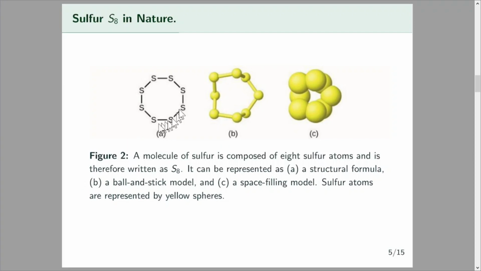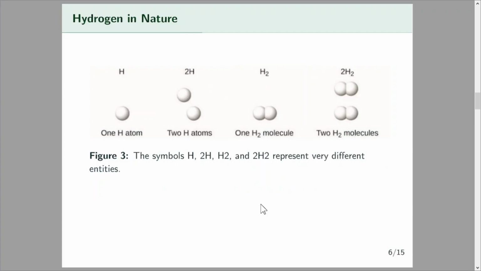You could write it as S8. It's typically a ring. And here it is. It's not quite a flat ring. So here is a 3D version of it, right? And this is a 3D version that has a better representation of space filling, how the space is filled. And so those are the different models.